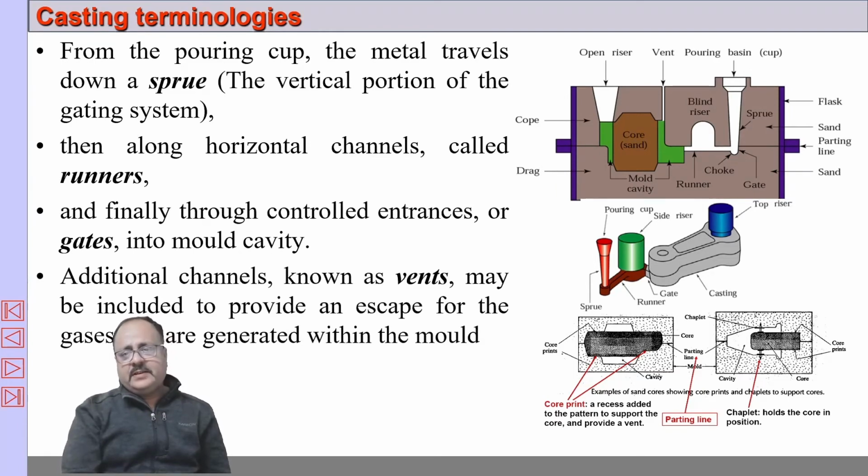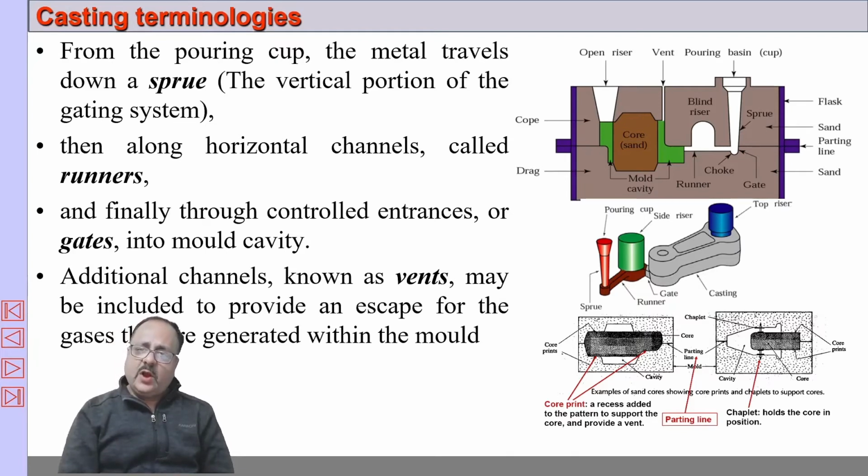Now, some additional vents are provided in the casting. These are called vents. See, several vents are created here. One is shown here. So these vents are created by vent valves. These are basically passages for gases to escape. Now, molten metal contains dissolved gases, and also hot molten metal, which comes in contact with the moisture, creates steam.